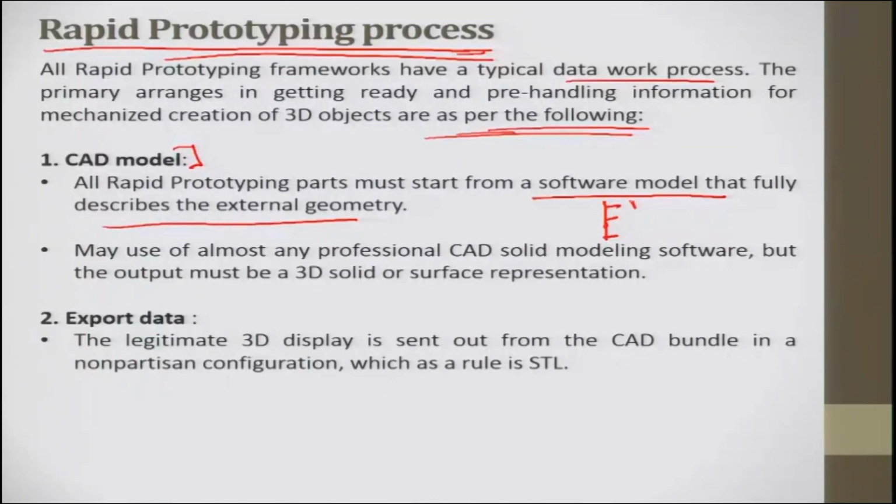Any CAD software, I would say this can be NX, I-DEAS, CATIA, SolidWorks and so on, and may use almost any of the professional solid modeling software, but the output must be a 3D solid or surface representation. A good 3D CAD, that is computer aided design, identifies each point in the 3D space, whether it lies inside or outside the object surface.